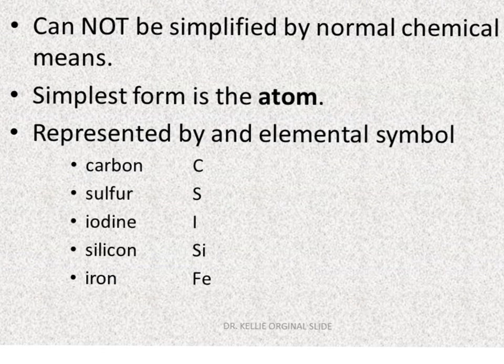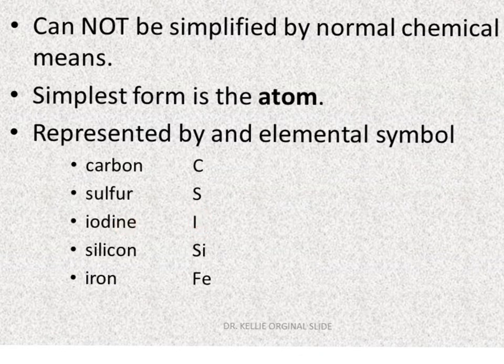Some of these elemental symbols are quite logical. For example, the element carbon is represented by the capital letter C. The element sulfur is represented by the capital letter S. The element iodine is represented by the capital letter I.